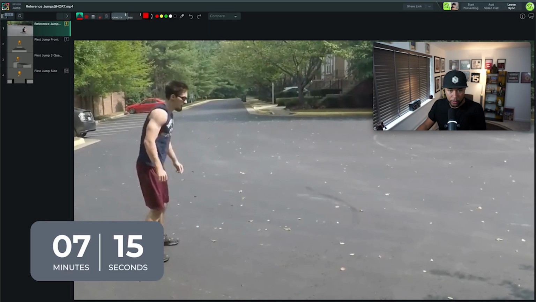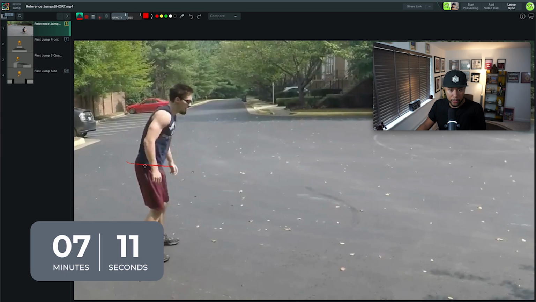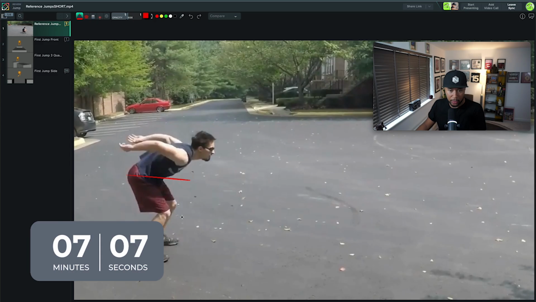So when you take a reference, you should definitely look at your video and draw over it. That's what I like to tell all my students, because if you draw over it, you'll start making notes, such as noticing how long the hips take to get from here to about here, right?